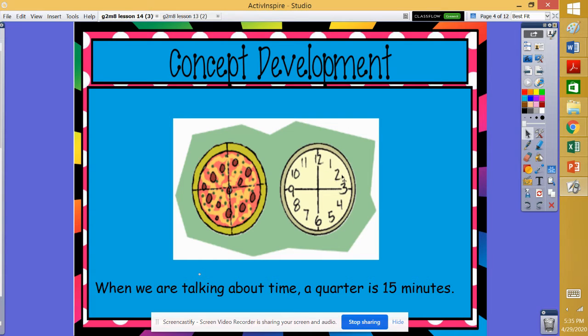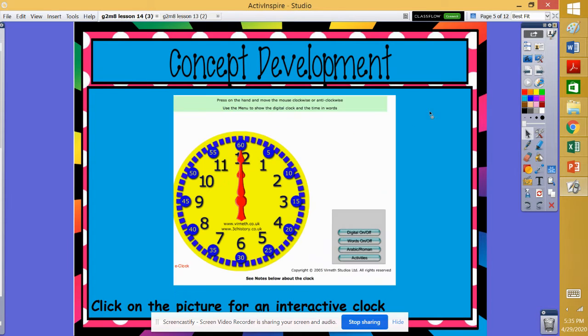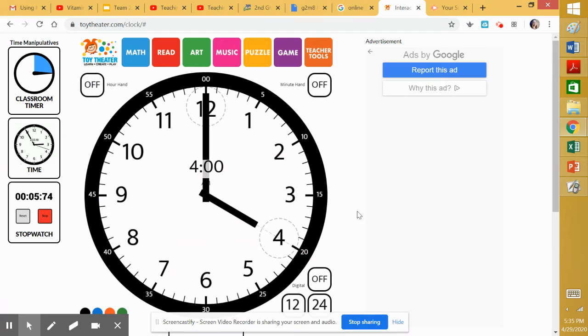We call a fourth 1/4. So a quarter is 15 minutes when we're talking about time. So let's look at a clock online that we can manipulate the hands and see some of the things that we're talking about. Now, what time is this clock showing?